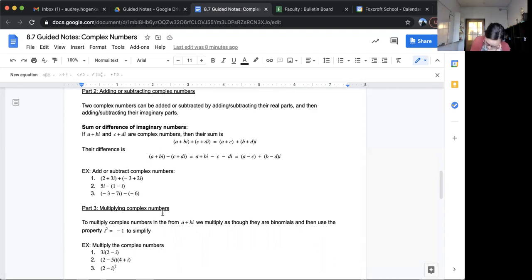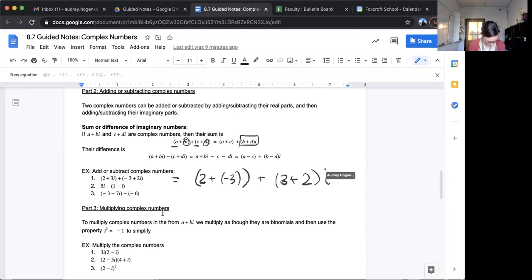That is going to be a plus c, so 2 plus negative 3, plus b plus d times i, where b is 3 and d is 2.